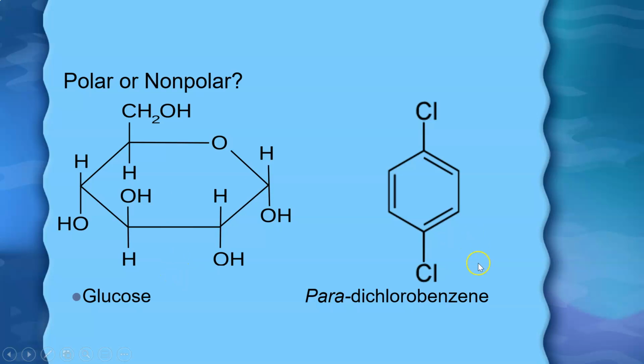Now, paradichlorobenzene does have polar bonds. I have a carbon-chlorine bond on the top and a carbon-chlorine bond on the bottom. But we can see that this is a perfectly symmetrical molecule. So I would have a dipole pointing down towards the chlorine, but I would have a matching identical dipole pulling up towards this chlorine. And so those would cancel each other out. And the symmetry of this molecule means that this is a nonpolar molecule.